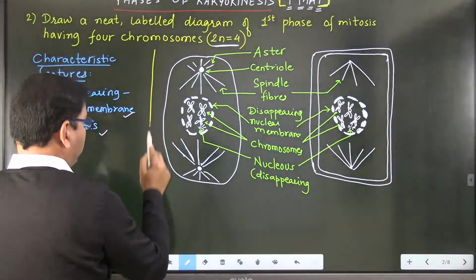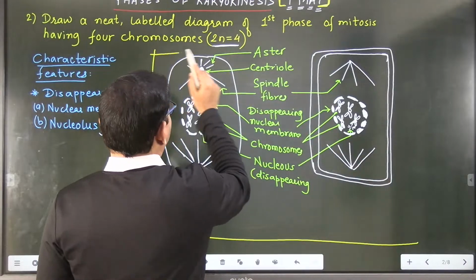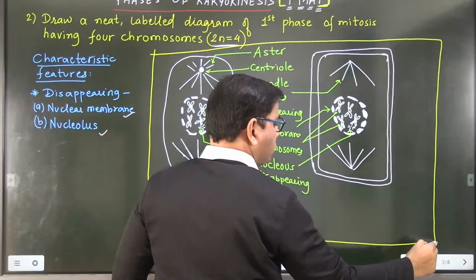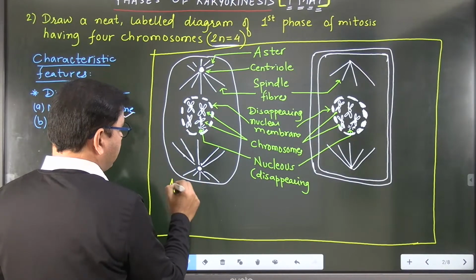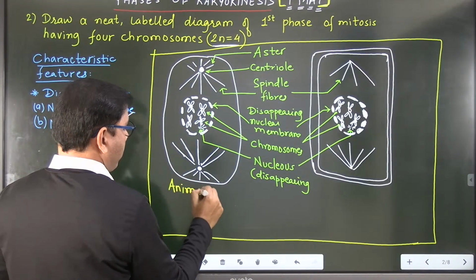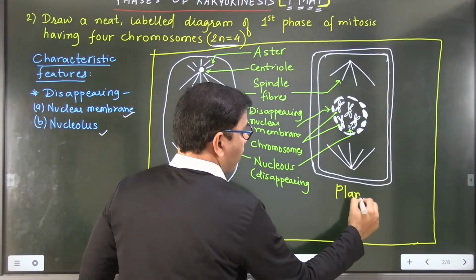Please don't forget to draw this box. You can use a scale and pencil for drawing this box. This is your animal cell, and this is the plant cell.